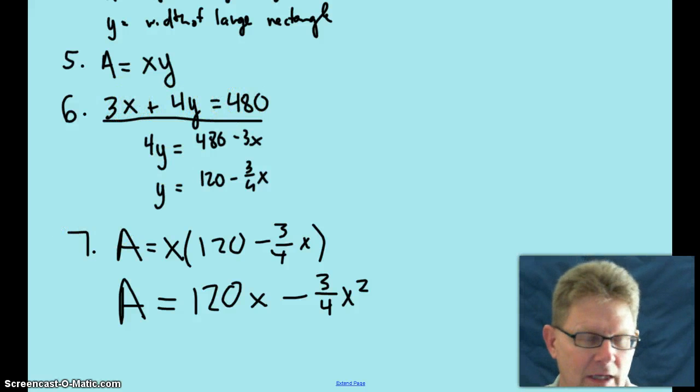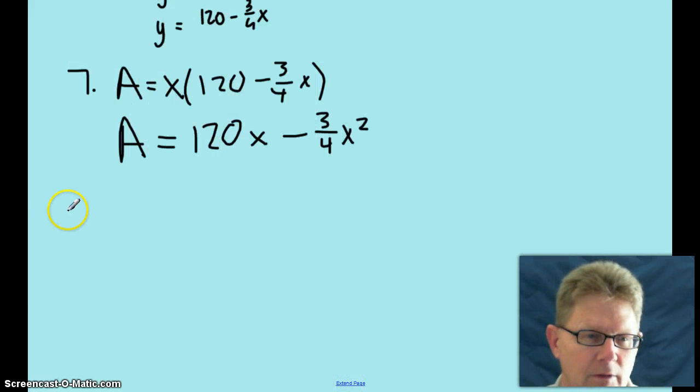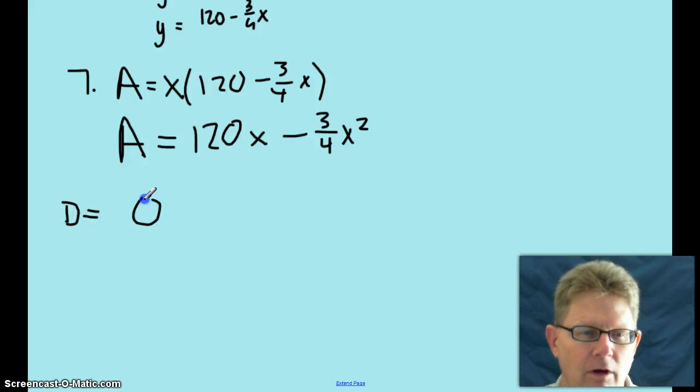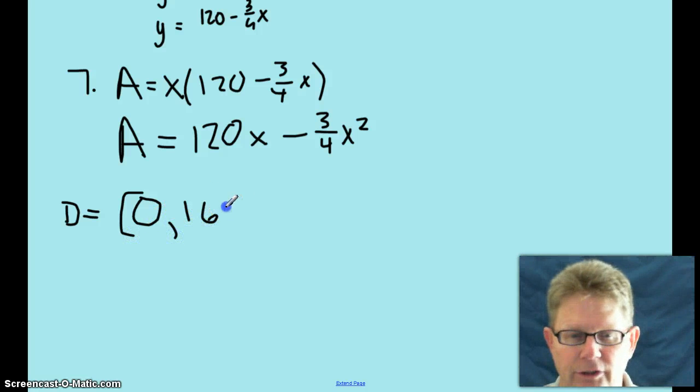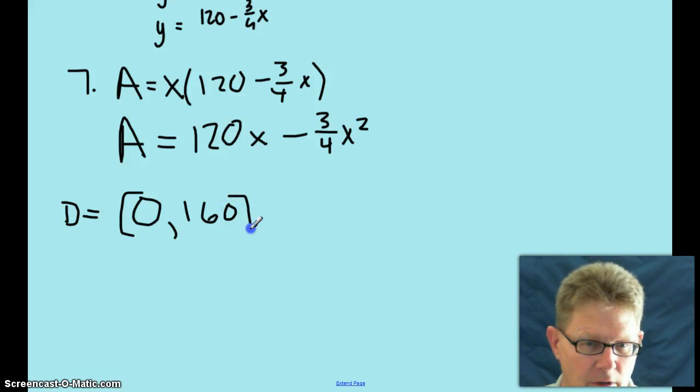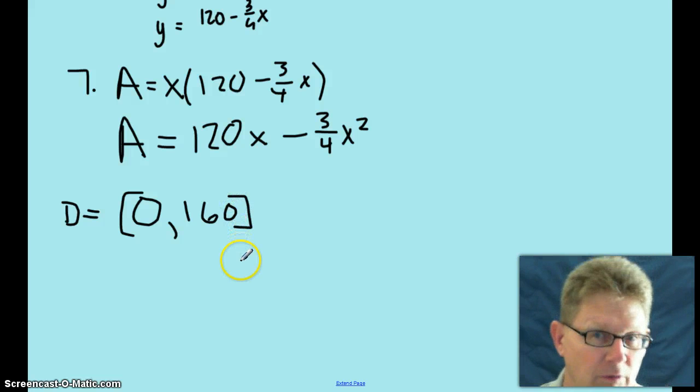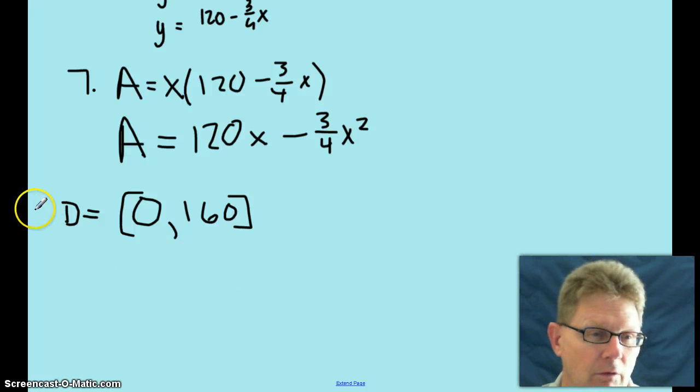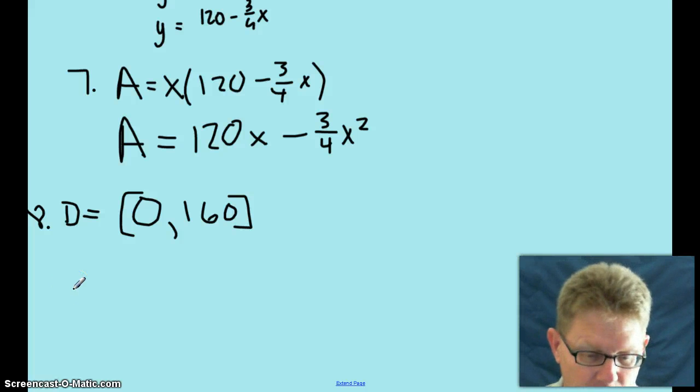So my domain, if you can believe it, is going to be anywhere from 0, where I have absolutely no length and all width, to where I would be at the other extreme, have all length and no width. Of course, they'd be really super skinny areas and they wouldn't work real well. So 8, the domain, somewhere in between there. That's just so we don't go outside the bounds.